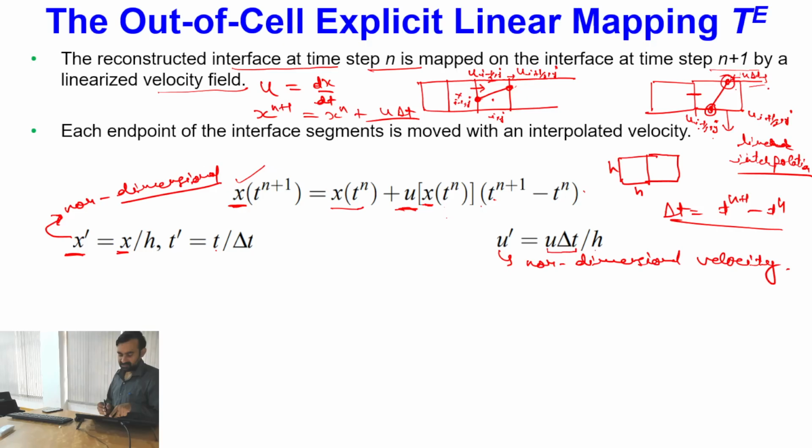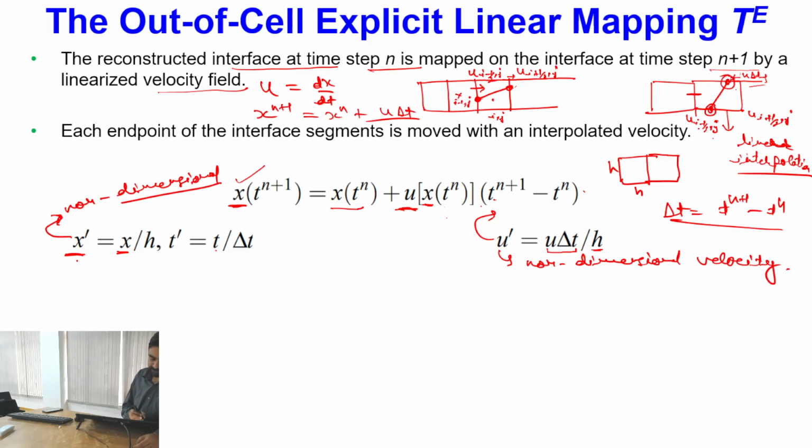Once I have divided it by h, it represents the non-dimensional distance moved. So ultimately u dash represents the dimensionless width which is moving in the linear direction. Are all clear with this point?